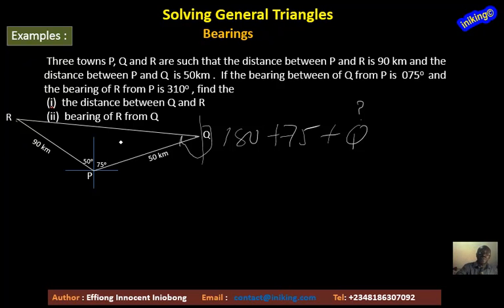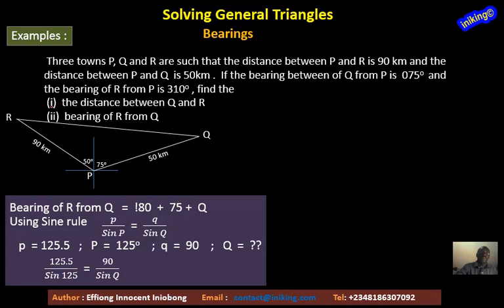So let's go ahead and use the sine rule to find angle Q. We take the ratio of the side P against the sine of the opposite angle, that's sine P. And since we are looking for Q, we use Q all over the sine of Q. So now angle Q is the only unknown there. Substituting values of P and sine P, we have this. Side Q is 90.